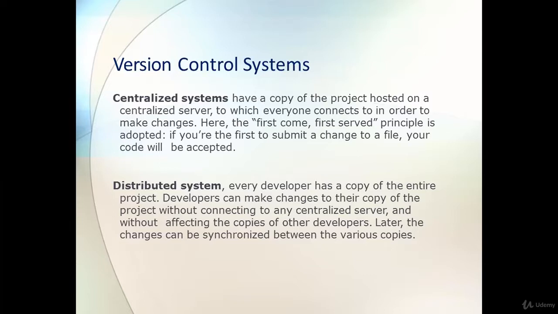Centralized systems have the dependency on the server. If the server is down, no one is able to access the progress or the existing code. Whereas in distributed system, we do not have any dependency on a centralized server, since all the copies are easily available on their own local systems.